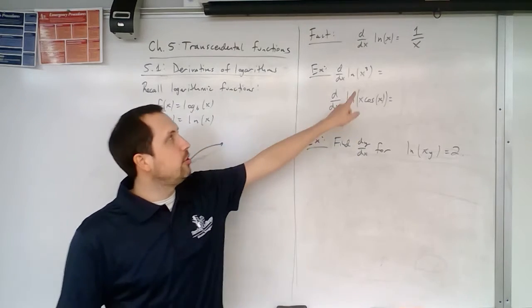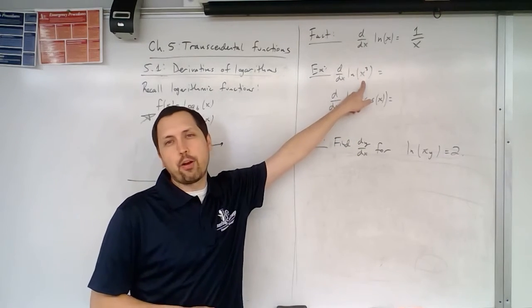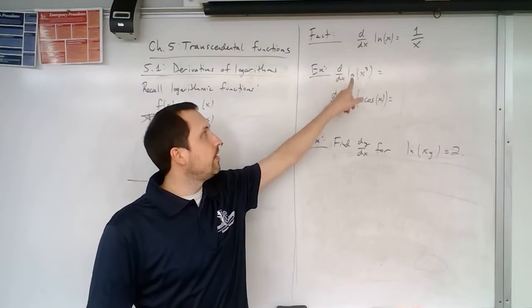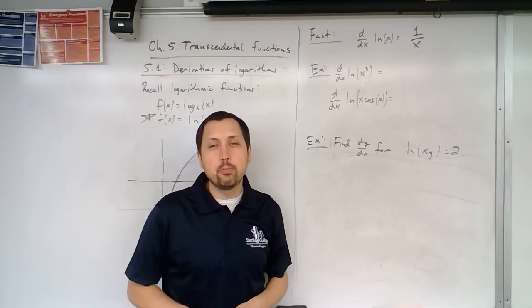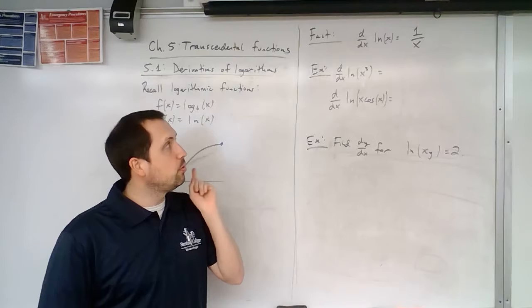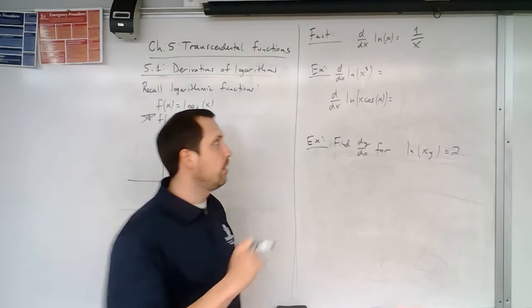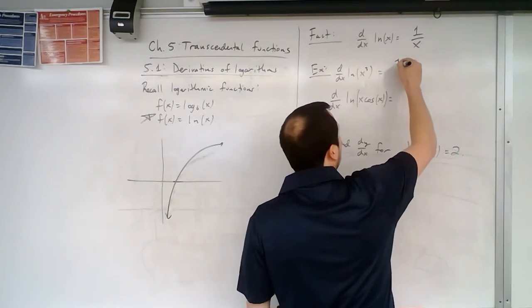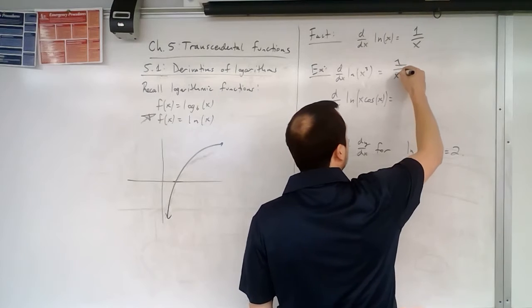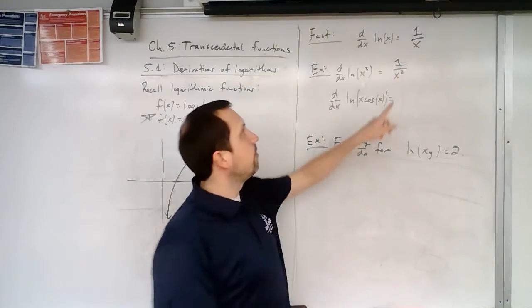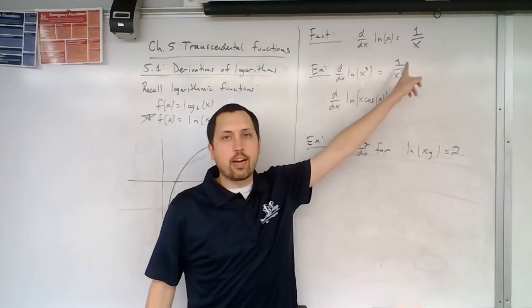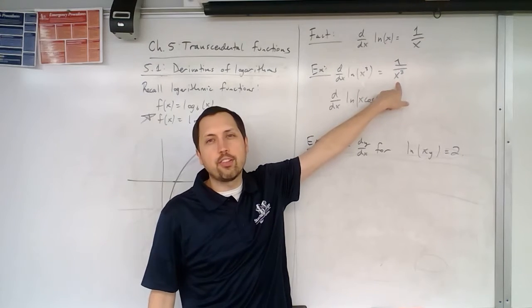What happens if we don't have x on the inside? What if you have x cubed? The derivative of natural log of x cubed, if we use the chain rule correctly, we should get 1 over x cubed. The derivative of natural log of x is 1 over x, so whatever's on the inside is going to appear in the denominator.